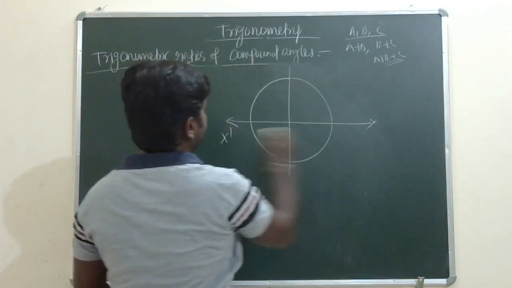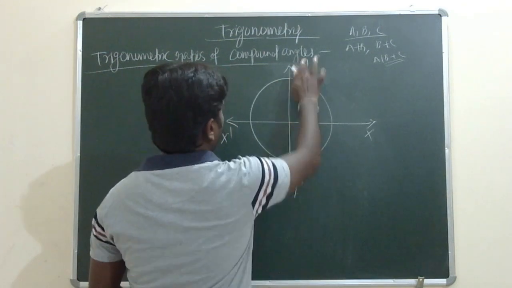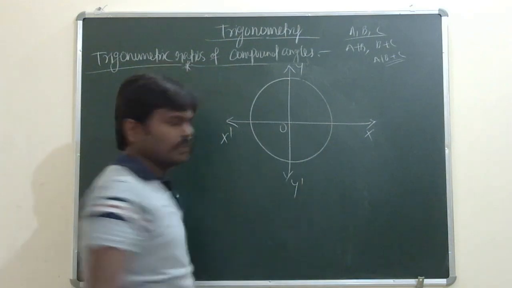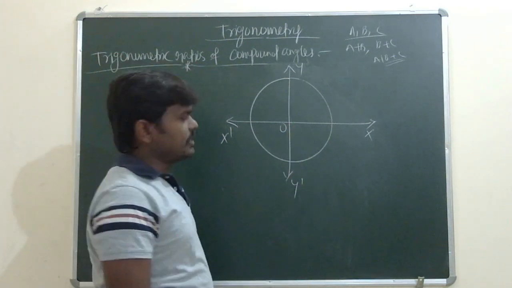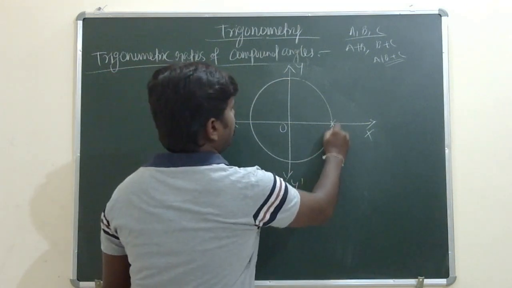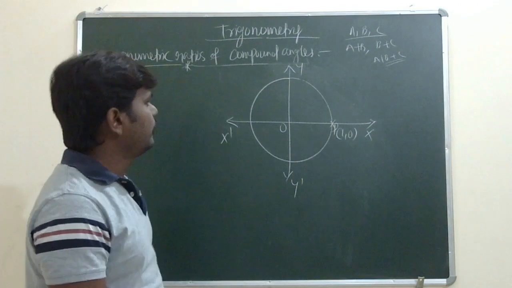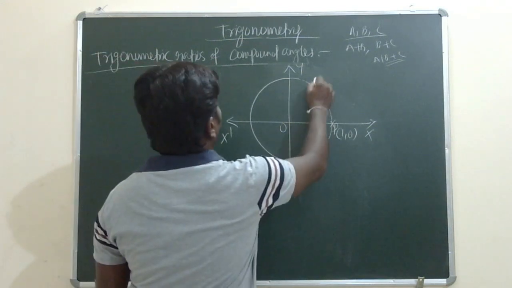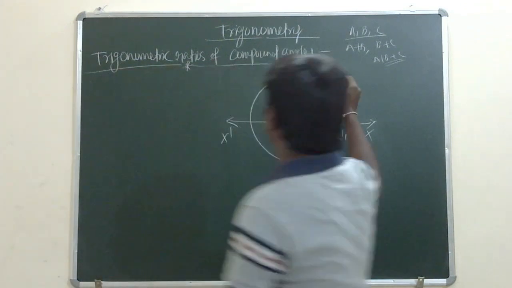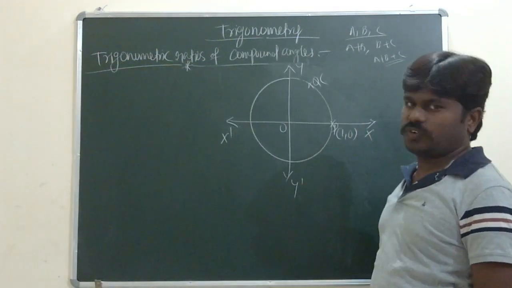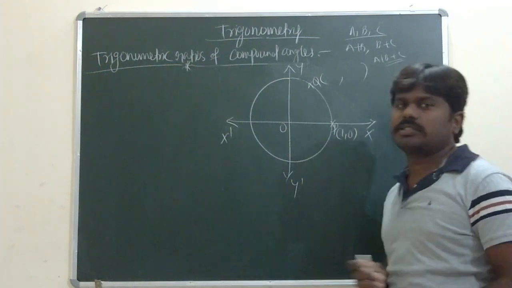Now, x dash x and y dash y, the center of the circle O, and the radius is equal to 1 unit. Here I am taking a point P which is equal to (1, 0). Now I am taking a point Q. It is nothing but the cos function as x coordinate and the sin function as y coordinate. So we need some angle.